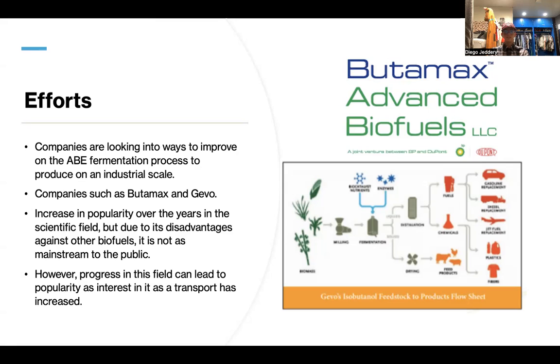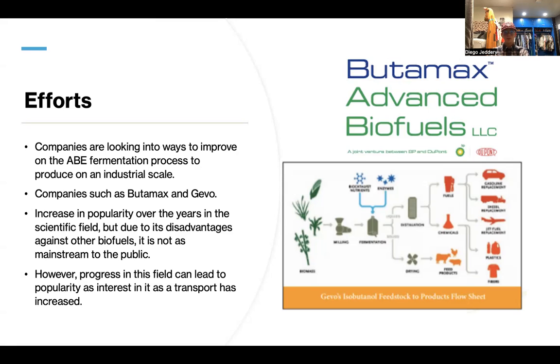So that's already an advantage over ethanol, as ethanol is susceptible to being mixed with water and forming hydrogen bonds in it. Butanol is also more efficient than ethanol. Like I said before, it really needs to cross the quantity challenge, as ethanol can be produced with vast amounts at a way cheaper price than butanol.